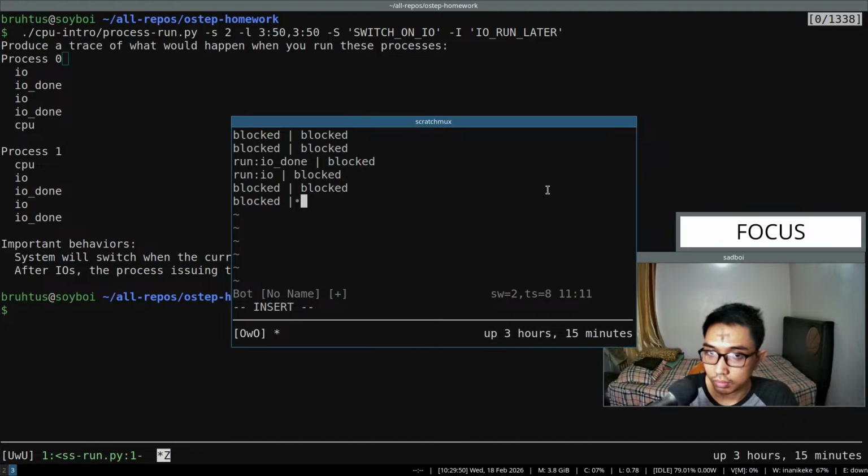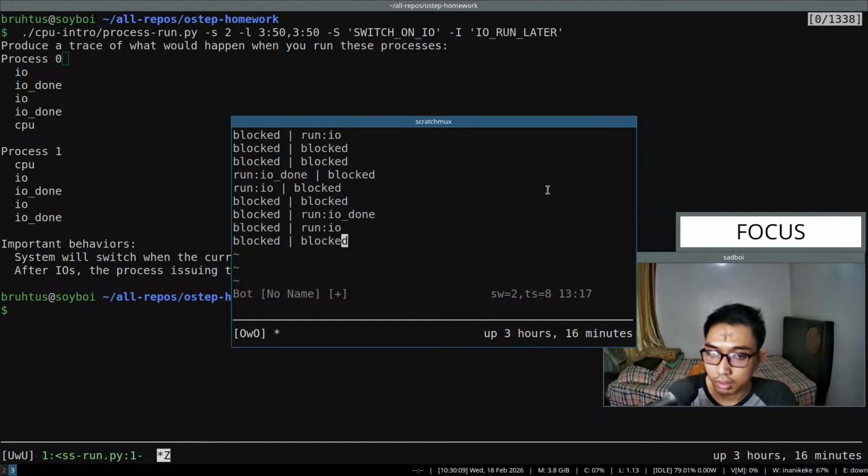And then we run IO done, and then after that run the IO again, also blocked. Okay, let me check.